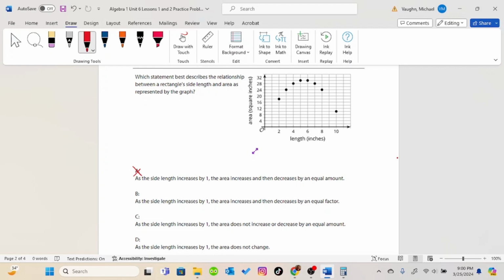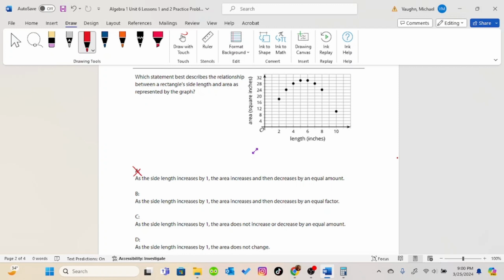Choice B. As the side length increases by 1, the area increases and then decreases by an equal factor. We can clearly see this does not have exponential growth up and then exponential decay down.